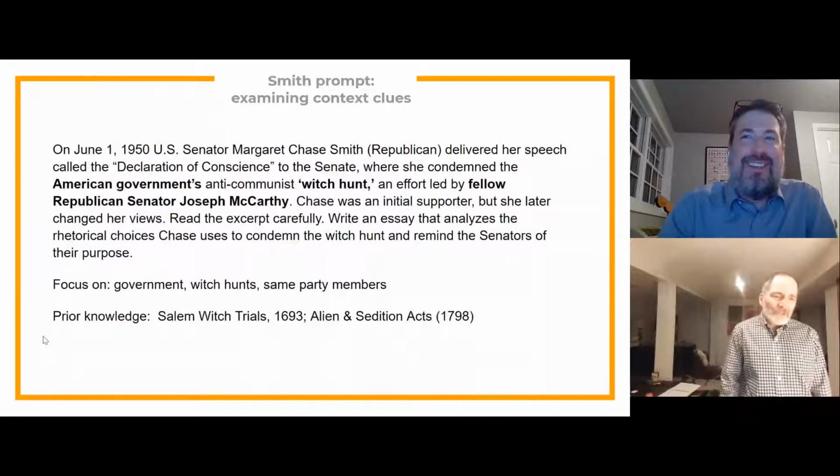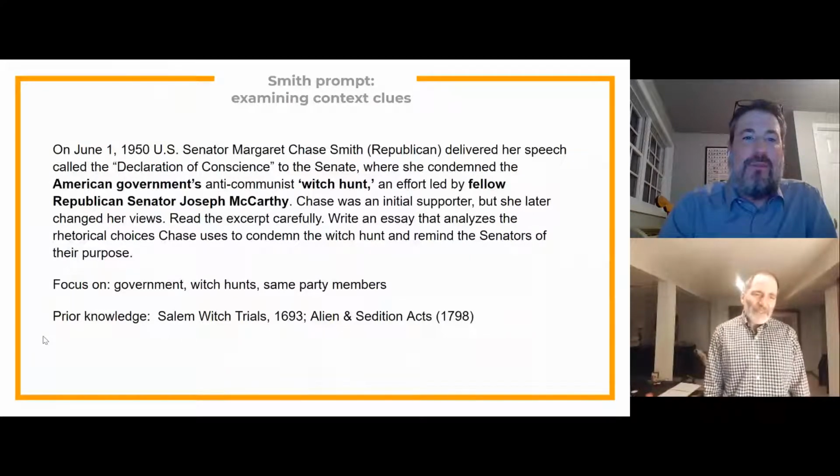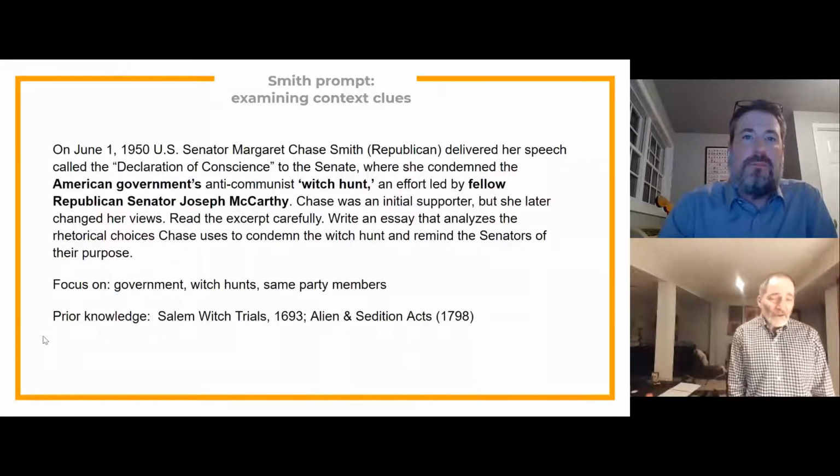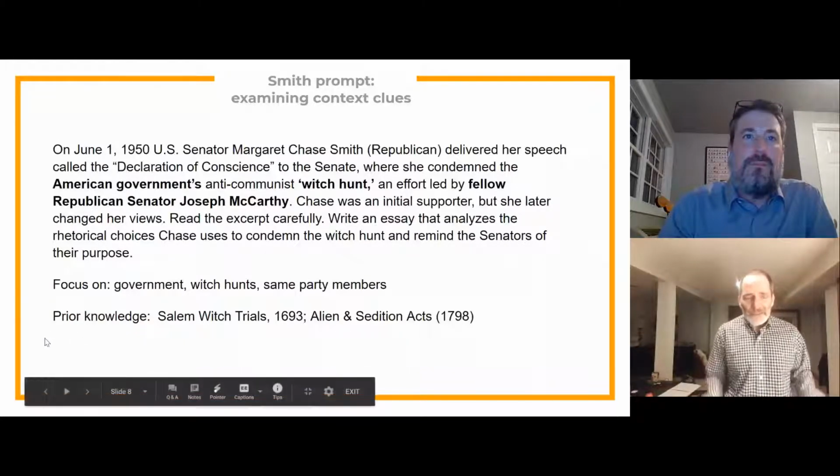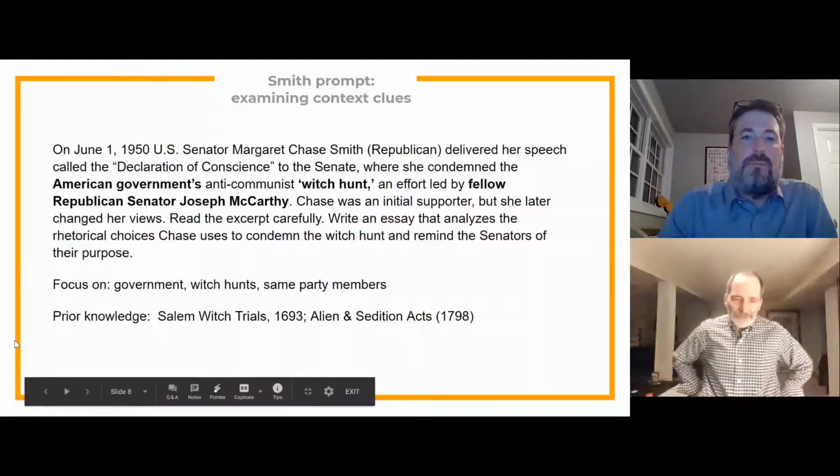Also, notice the areas of focus: government, witch hunts, looking at the same party members. And it invokes knowledge of history, whether it's the Salem witch trials in 1693, the Alien and Sedition Acts in 1798, or frankly, even more modern day examples of xenophobia. So it's a nice document that allows us to understand the rhetorical situation.